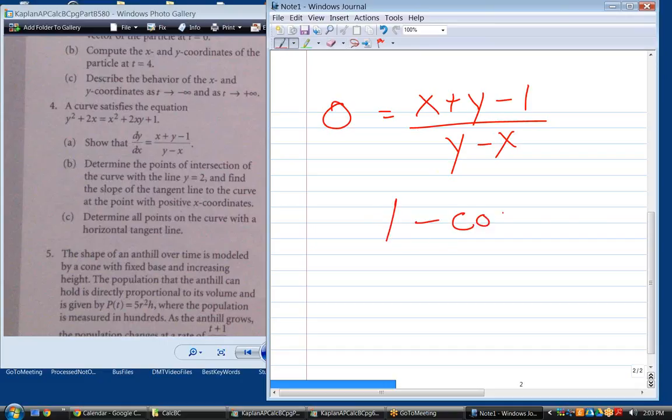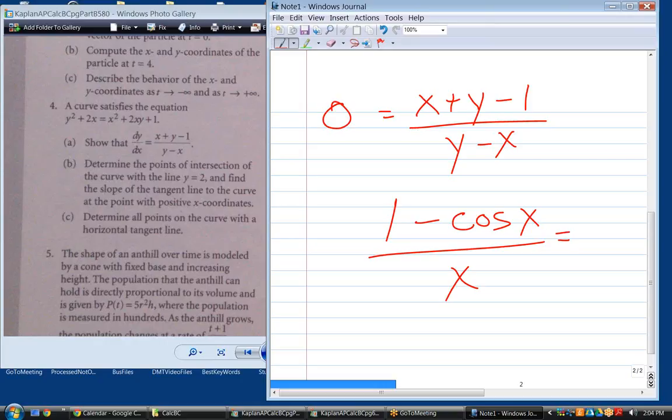Take 1 minus cosine x over x. If x is 0, you have 0 over 0.